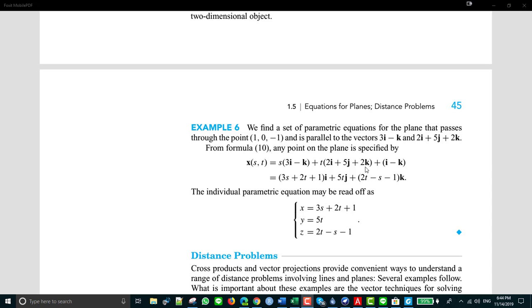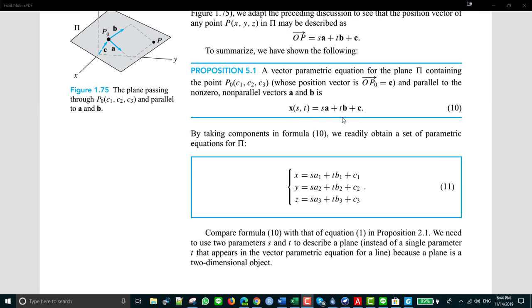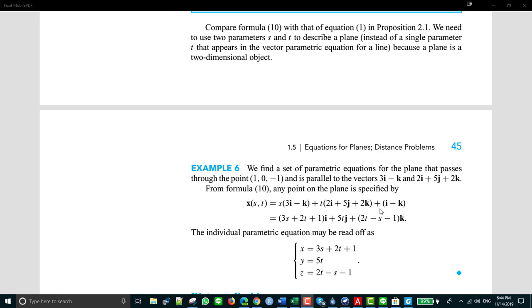And then S times A and T times B. And then we can rewrite this like this, 3S. We collect the i components, and then the j components, and then the k components, and then we do the same thing on this side, and we equate the components, and we get this.